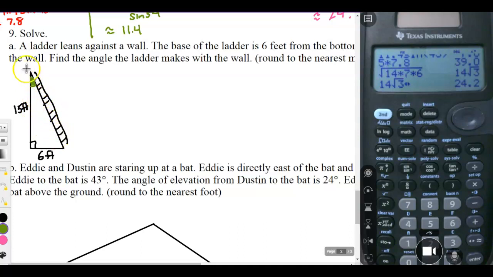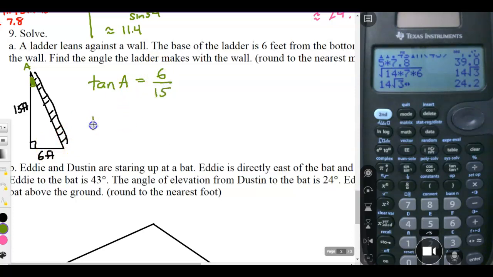Angle of depression, if you want to think about it that way. So since I have some rise and run, I'm going to use some tangent. So tangent of my angle, let's call it angle A, is going to equal opposite 6 over 15.